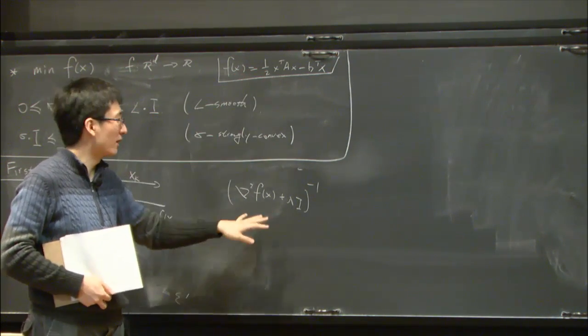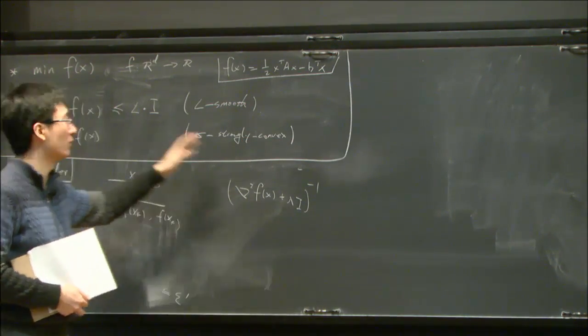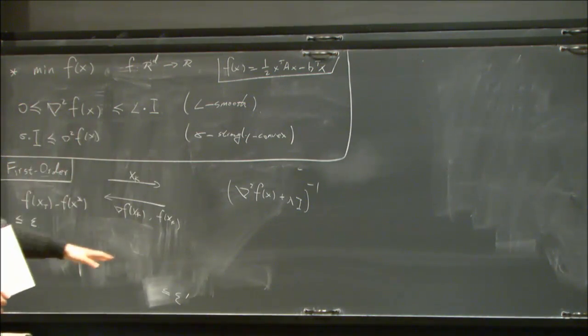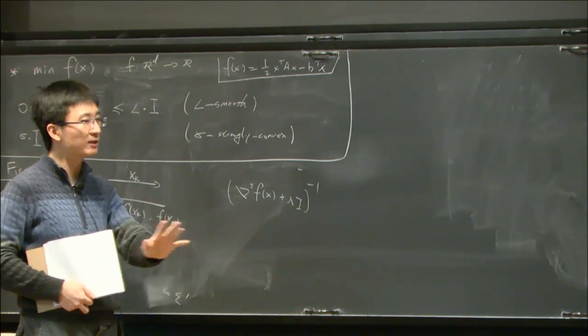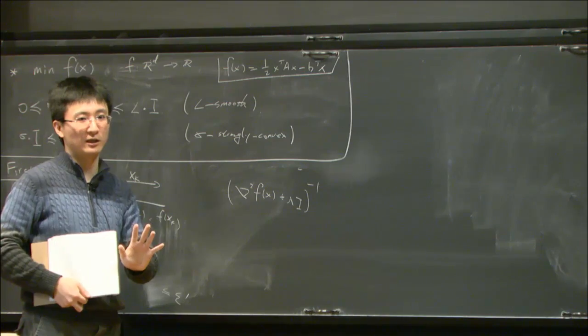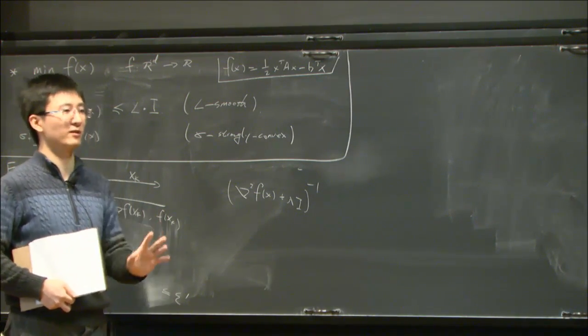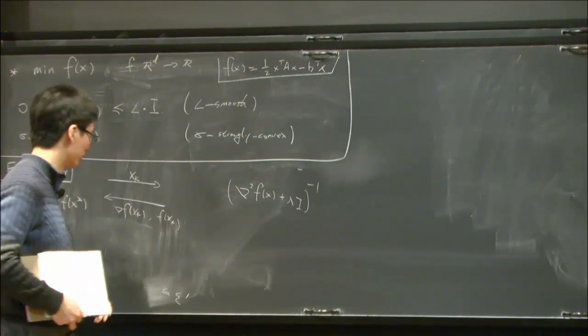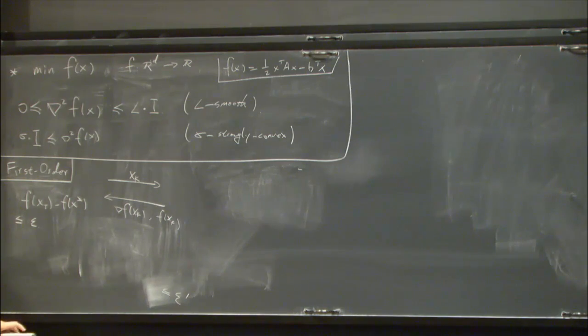A matrix inverse, you can use conjugate gradient, which will be slow, but if you use some convex optimization techniques to solve it, it could actually be fast. And therefore, sometimes second order methods can even run faster than first order methods, but I won't touch it today. It's a more complicated issue. So yeah, let's only focus on first order methods.